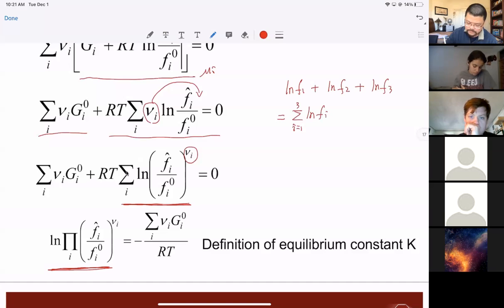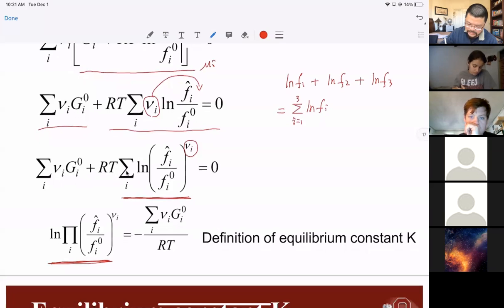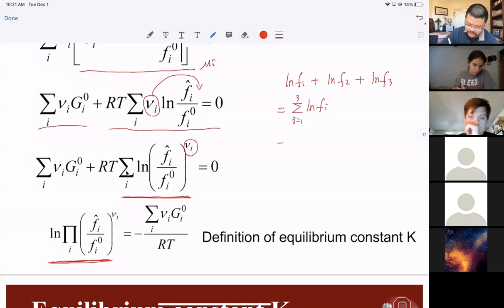That would be the same as the log of the product for i equals 1 to 3 of fi, which is log of f1, f2, and f3.